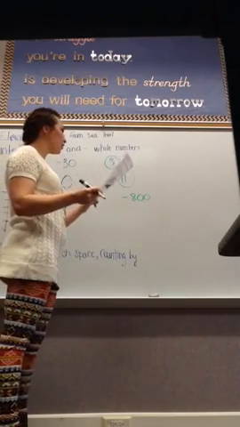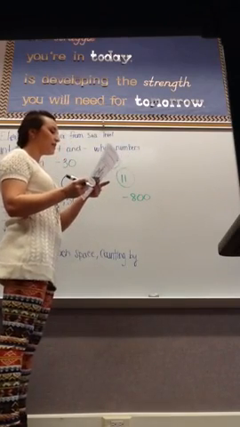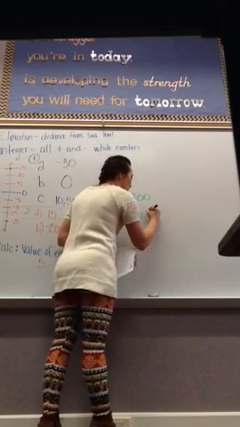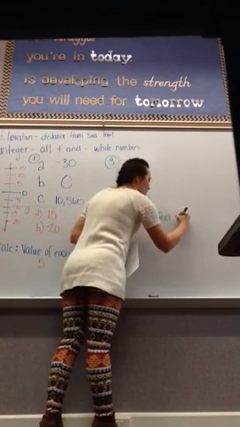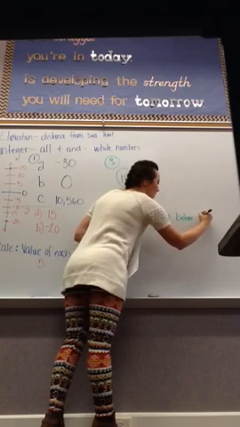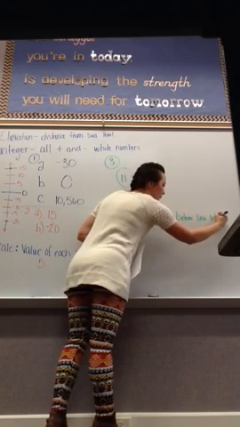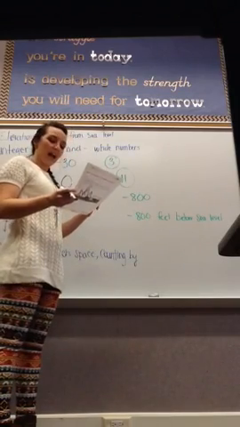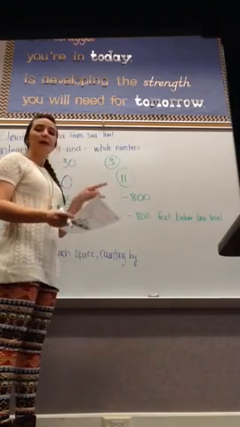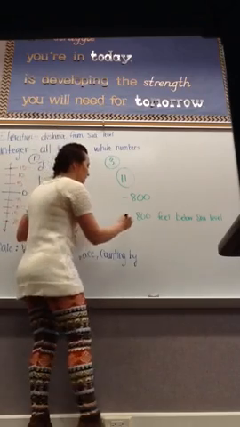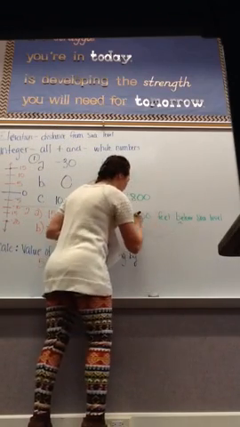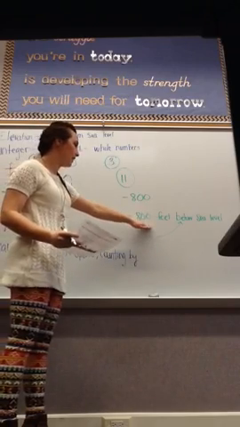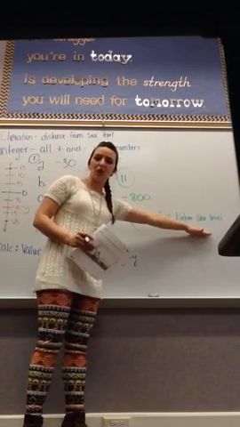Now let's go back and look at the statement I. It says the depth of the submarine is -800 feet below sea level. Now, the reason that I is not correct is because it gives us double. The fact that it's -800 feet, we already know that it's below sea level.